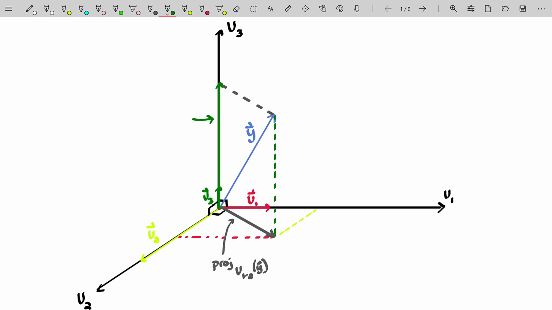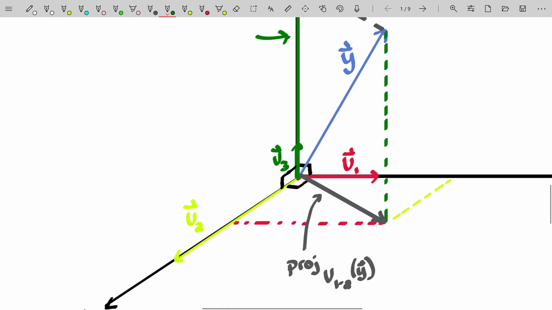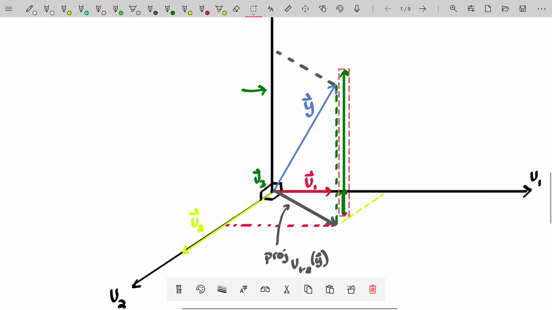And you can see that that vector, if you add it to the projection of y onto the space spanned by u1 and u2, you will get the vector y from tail to head addition for vectors, geometric addition right there. So you can see it does work out. I'm going to move it back because technically I'm also moving the vector u sub 3.